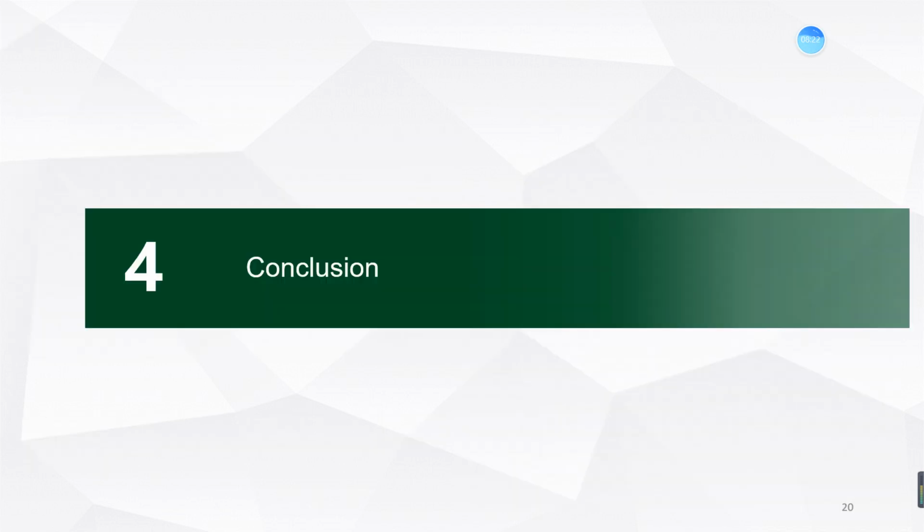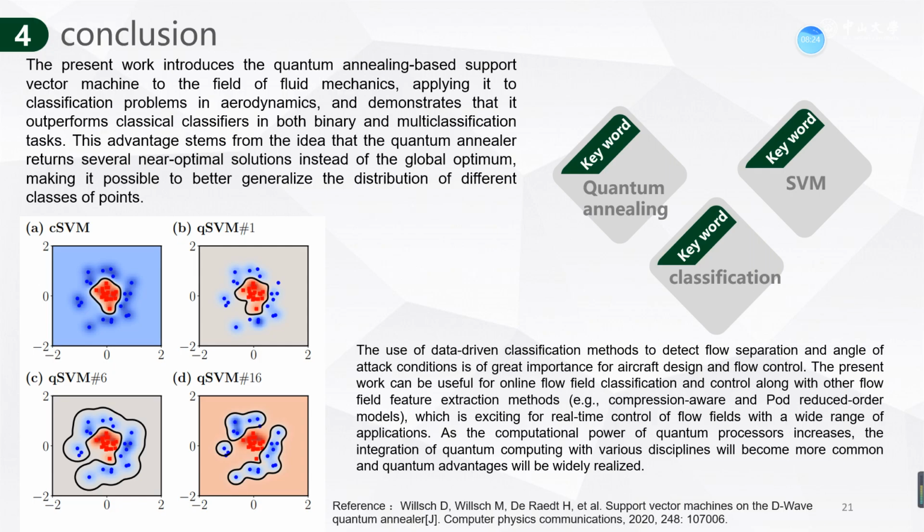And in the end, we'll conclude our paper. So the paper introduced the quantum annealing-based support vector machine to the field of fluid dynamics, and demonstrates that it outperforms classical classifiers in both binary and multi-class classification tasks.